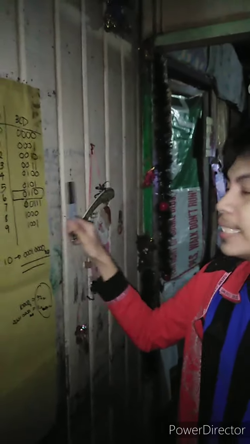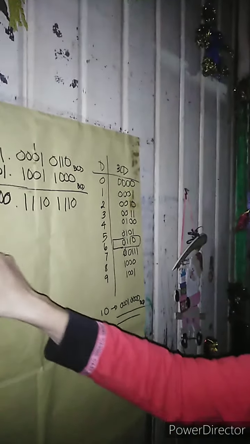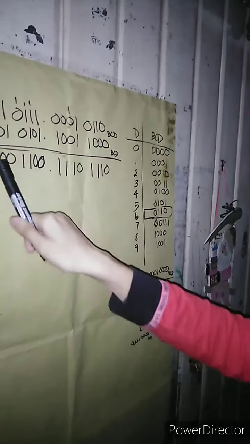If ever that happens, we will add this number 0110 to that particular set of 4-digit numbers. 0010 is in the table, 0100 is in the table, 1100 is not there, so we will add 0110. 1110 is also not there, so add 0110. This one also isn't there.